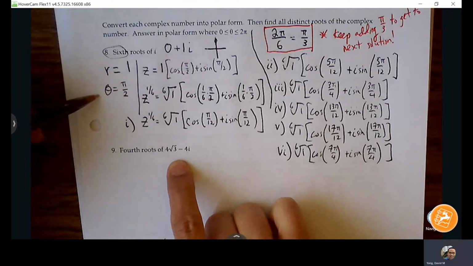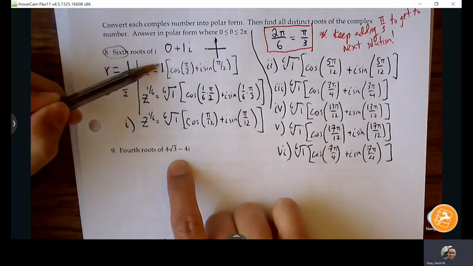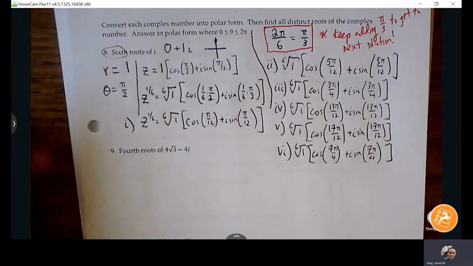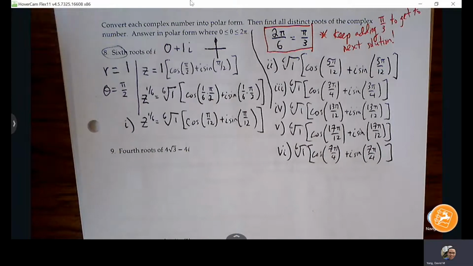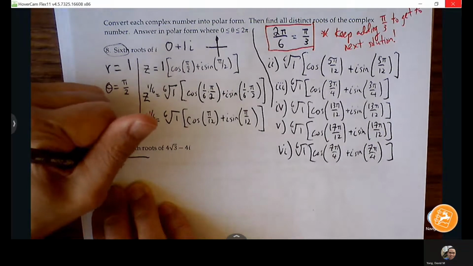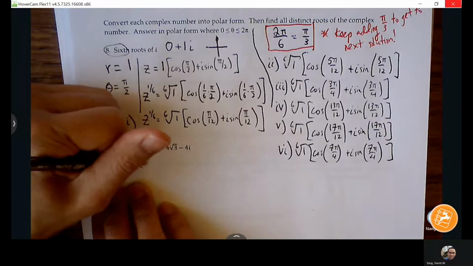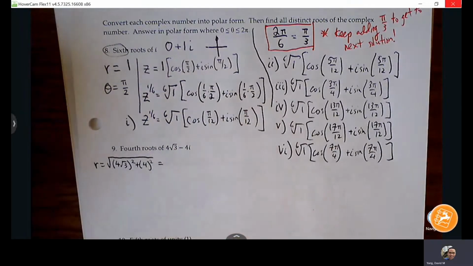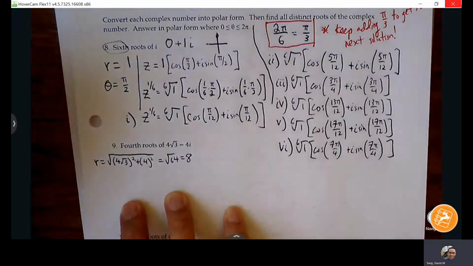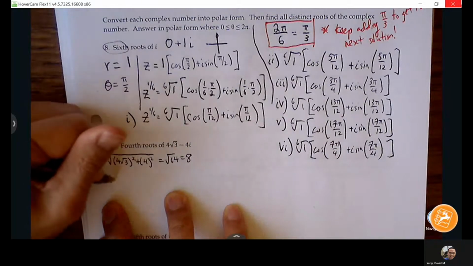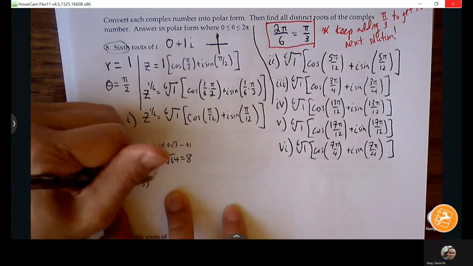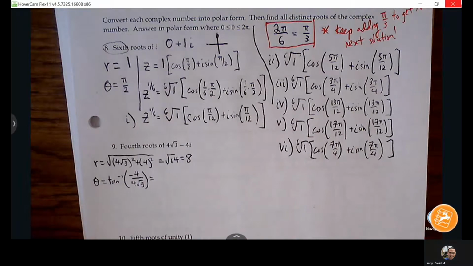Find the radius, find the theta, build your complex number in polar form. Okay. Yeah, go back to degree mode.